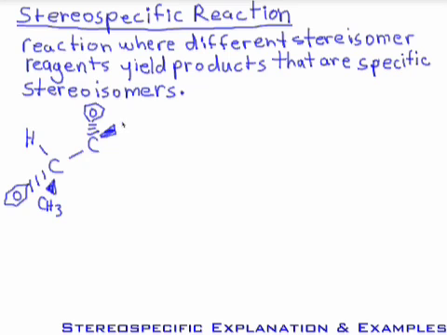And then an H. And a Br. I've drawn a staggered conformer in which the H here and the Br are anti. They've rotated to the anti position.